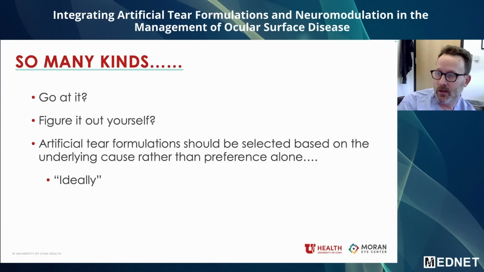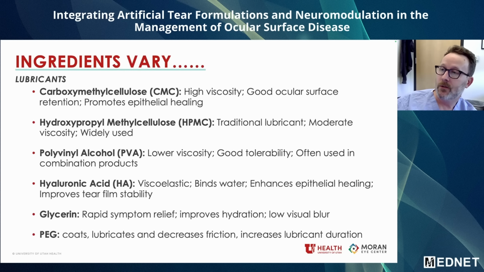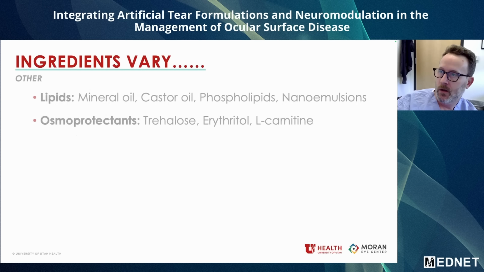But ideally, what we'd like to do is choose our artificial tear formulations based on the underlying cause rather than preference alone. There are different lubricants that are used. They're all polymers, but they all have different features. And if you go from tier to tier in the pharmacy, they're all going to use different polymer lubricants, and for reasons that are well thought out, but can make this even more confusing.